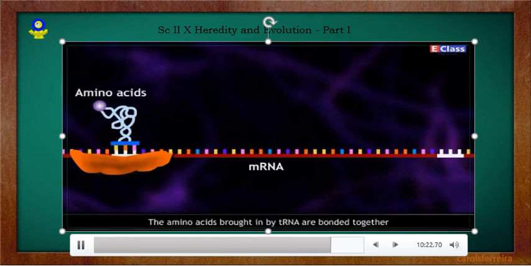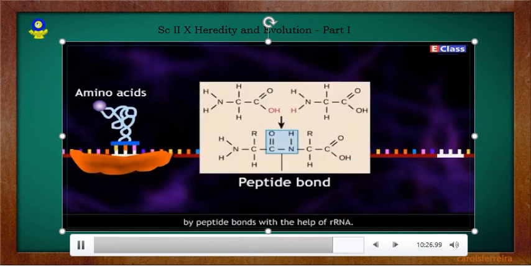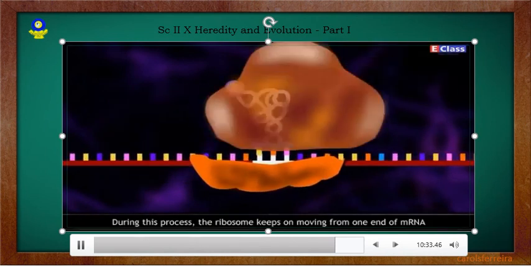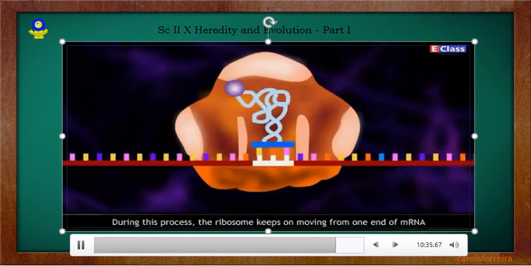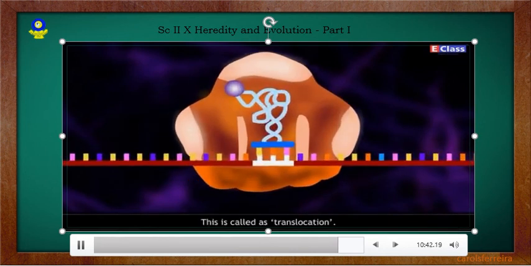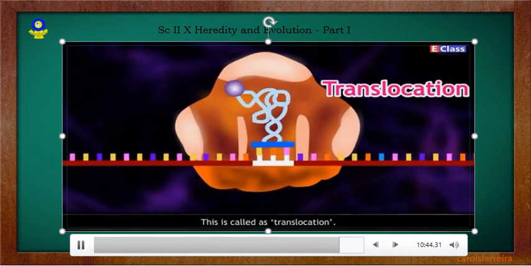The amino acids brought in by tRNA are bonded together by peptide bonds with the help of rRNA. During this process, the ribosome keeps on moving from one end of mRNA to the other end by the distance of one triplet codon. This is called translocation.